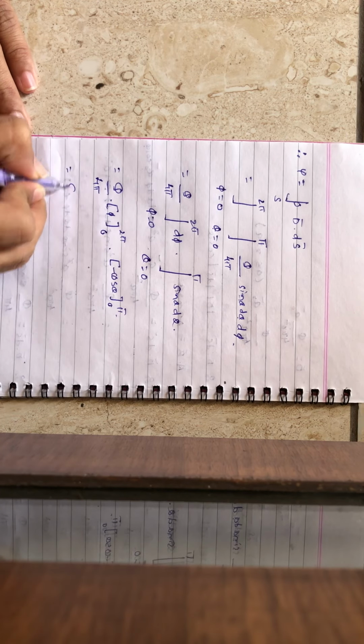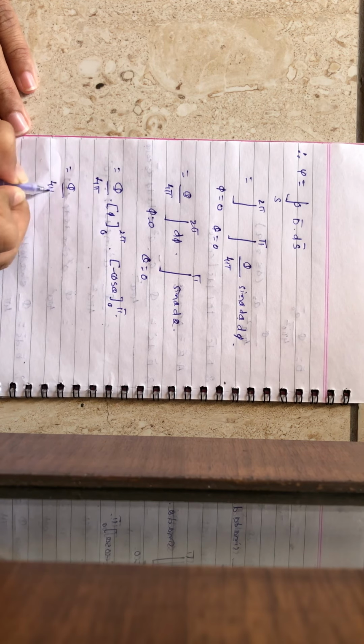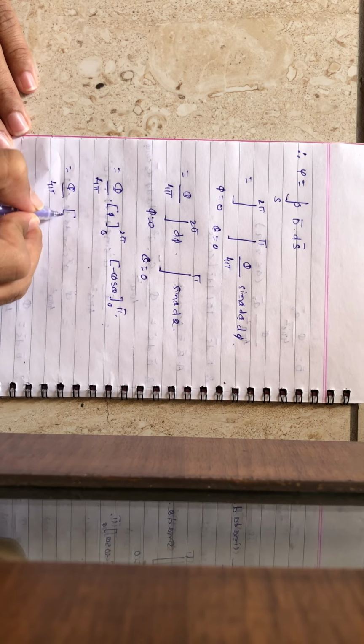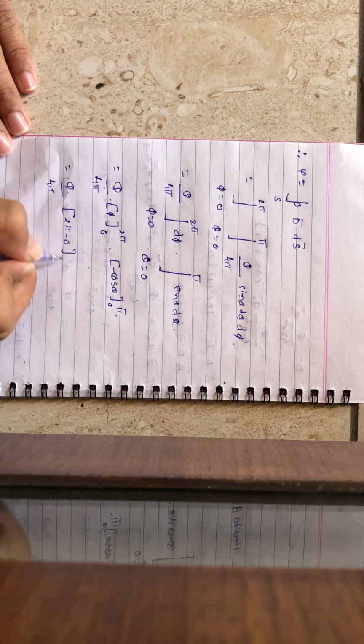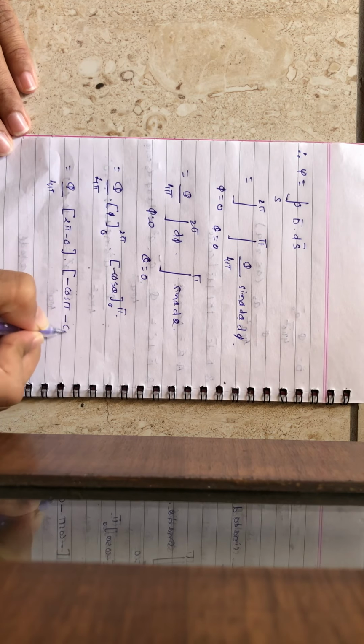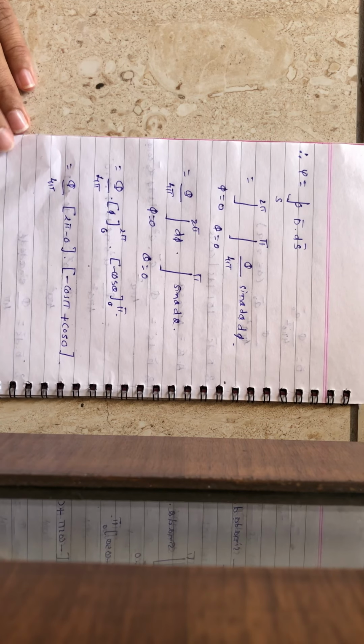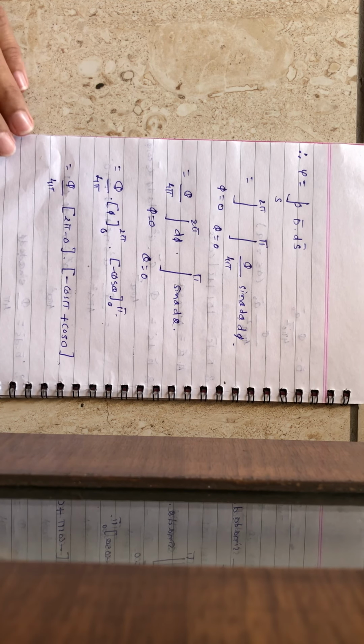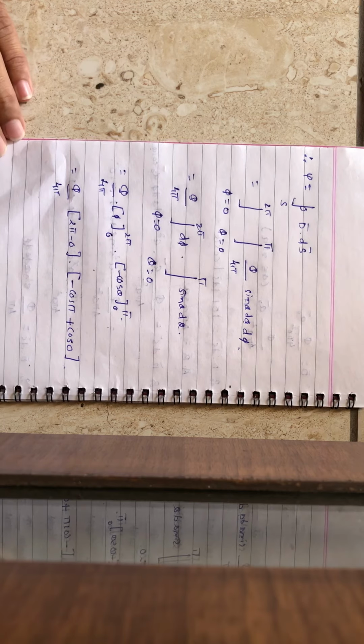Put in the limits: 2 pi minus 0 into minus cos pi plus cos 0.